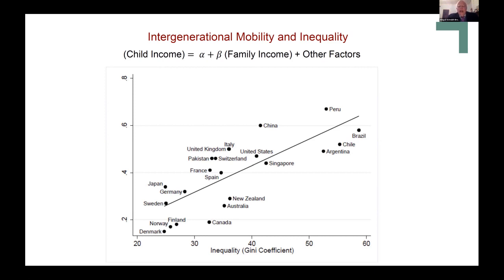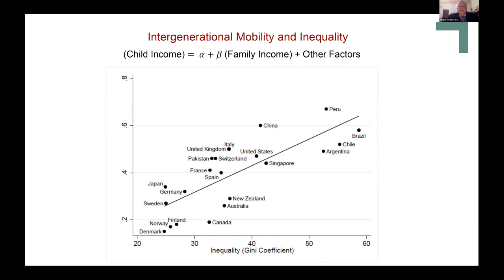And what we can see is the higher the value of beta, the stronger the influence of family income on the child's income. So in a situation where beta is equal to 0, there's no dependence. And we might characterize that as a relationship with full mobility.